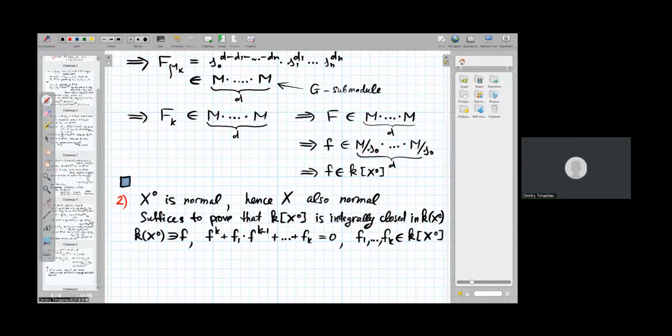Okay? So suppose we have such an integral dependence, then I claim that all the evaluations vi take non-negative values on f.